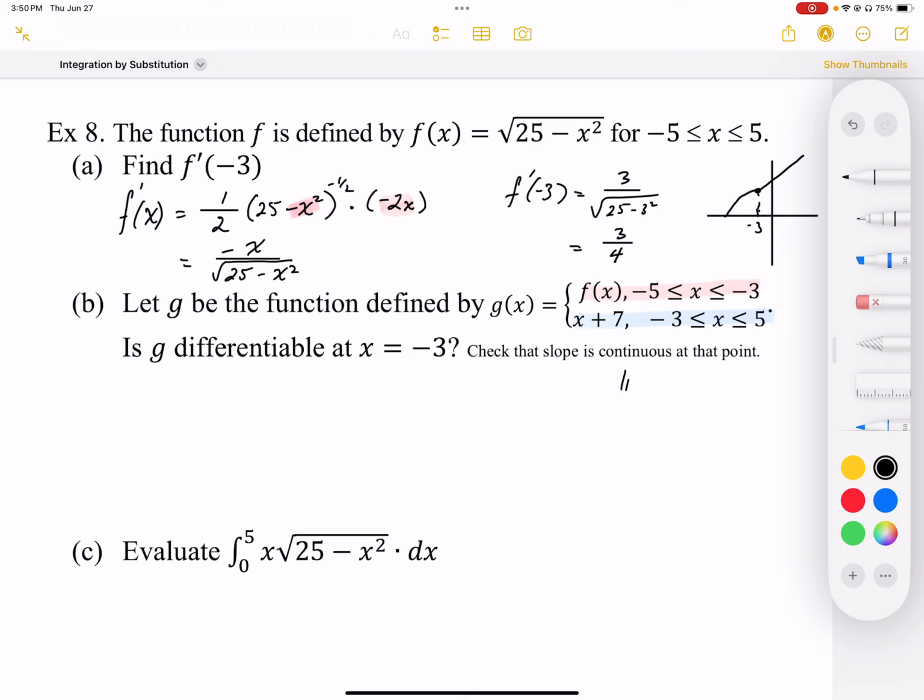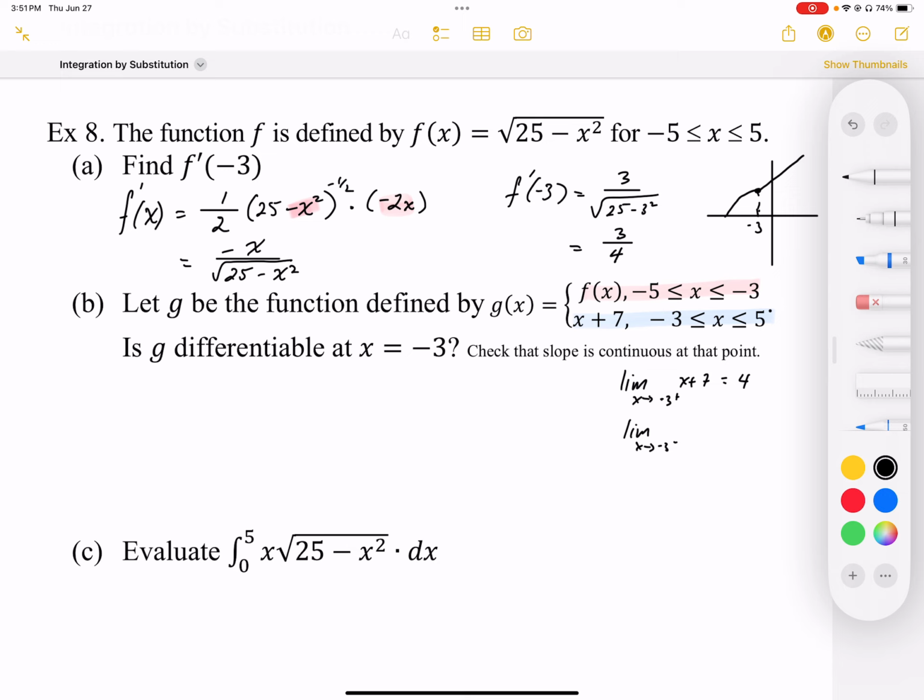So we should check that the limit as x approaches -3 from the positive side, that's going to be x plus 7. That's going to be equal to 4. And then we need to check for the limit as x approaches -3 from the negative side.